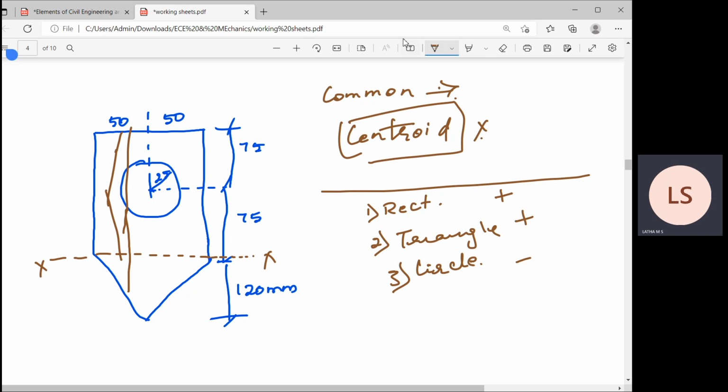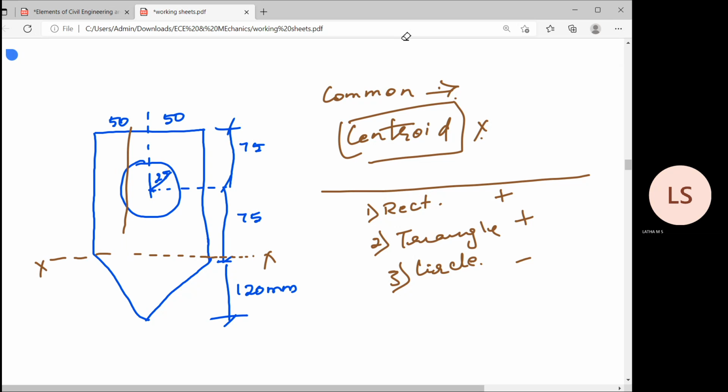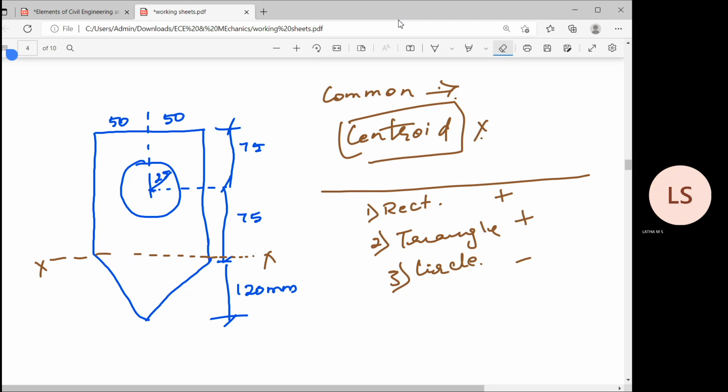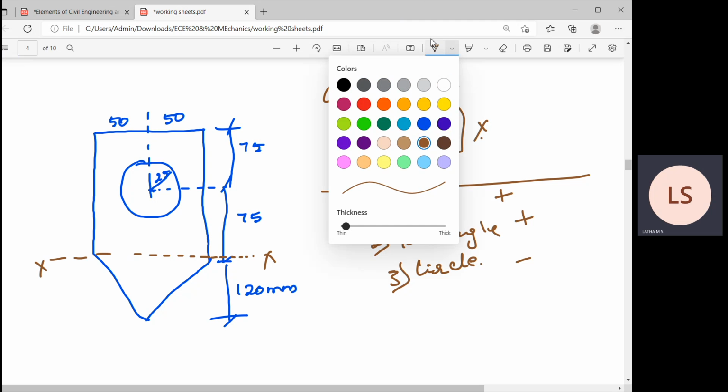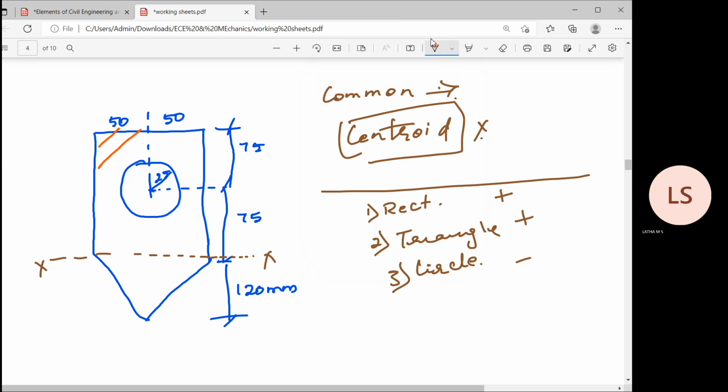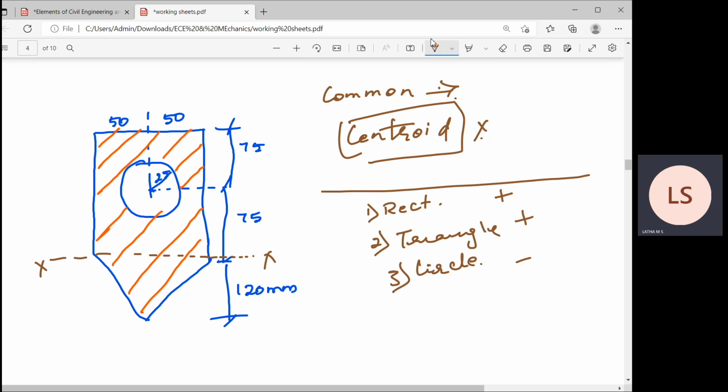I'll erase the content once. I'll represent using some other color. So I want this area, the moment of inertia of this lamina. It will be one triangle, one rectangle, and one circle. Okay, so how to go about?